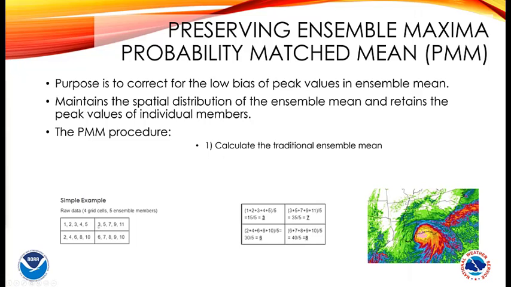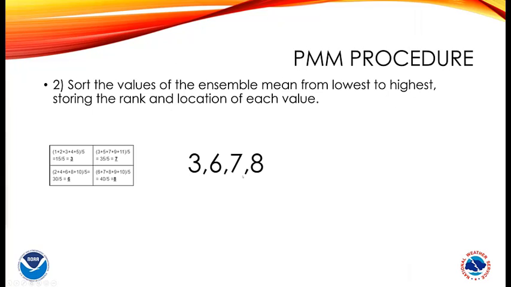For grid cell 3, you notice it's 3, 5, 7, 9, 11. And in the classic method, you would just add those up, divide by 5. So the max value in grid 3 here is 7 inches versus 3, 6, and 8 in the other ones. So that's a traditional ensemble mean.